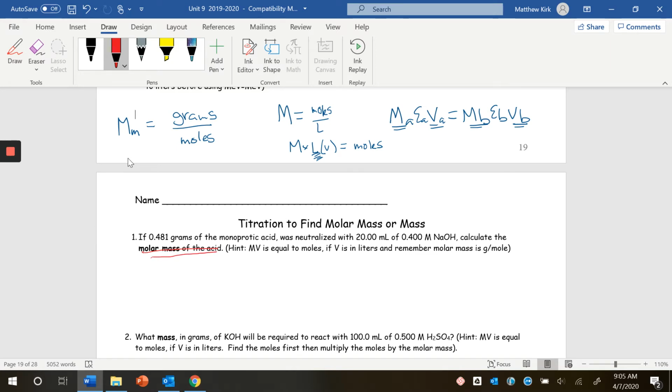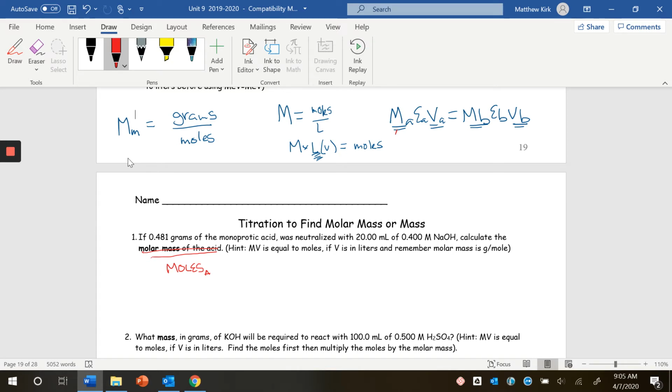Since we're looking for something on the acid side, we're going to substitute on our acid side. So instead of M times V, I'm just going to have moles of my acid, moles of A, times its equivalence. Notice I haven't substituted in for equivalence, so I have to leave that in there.